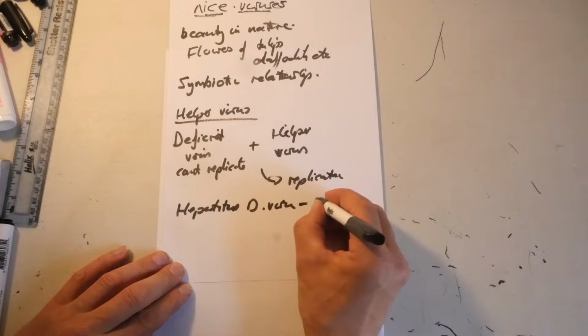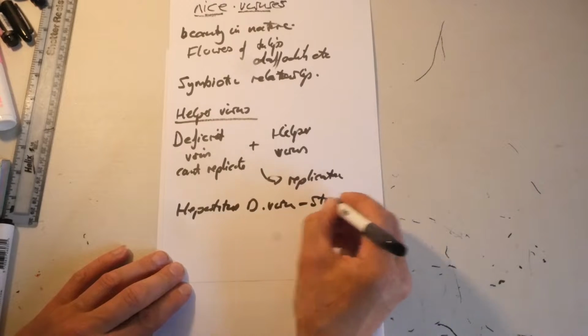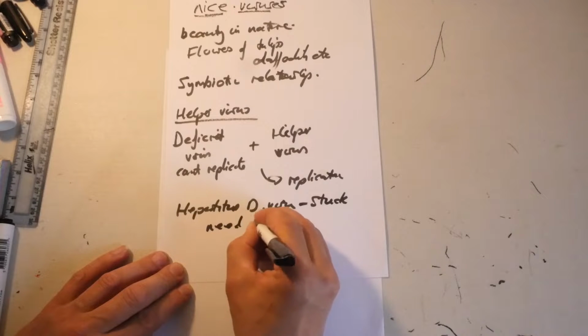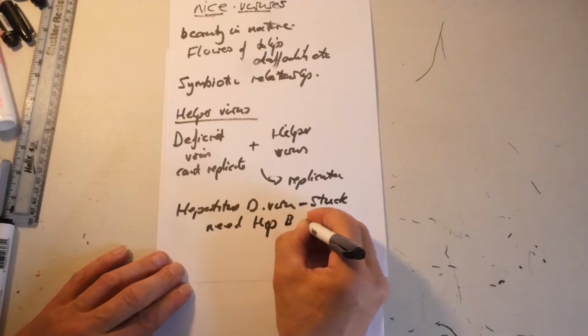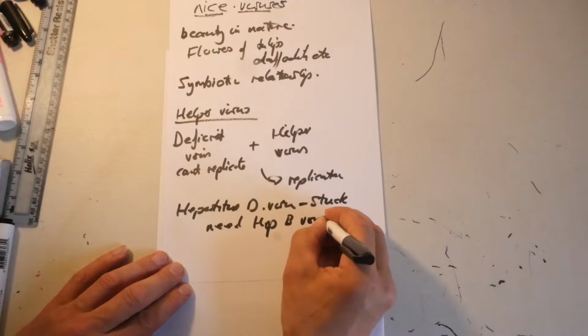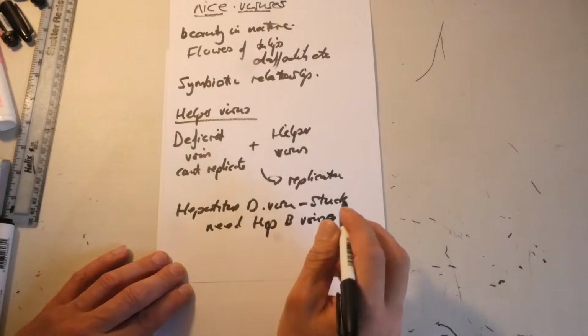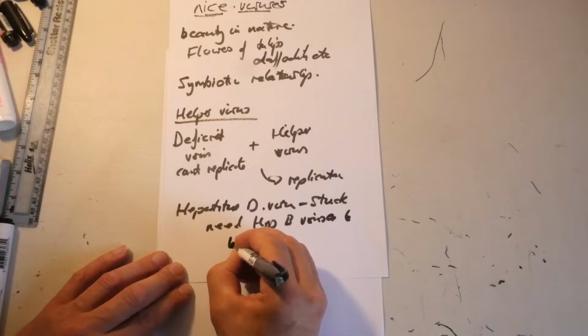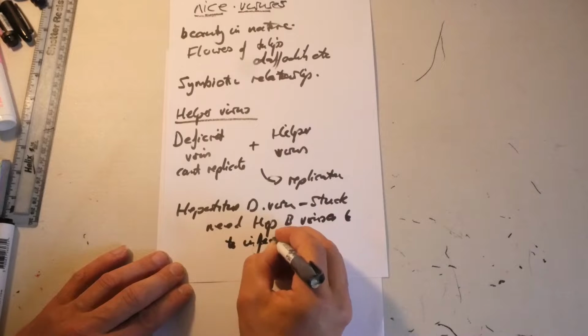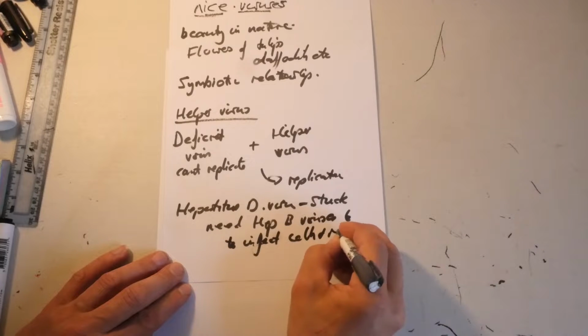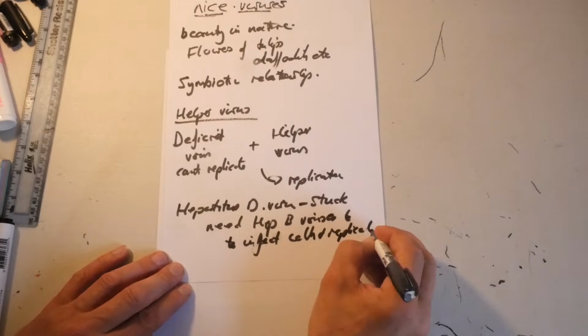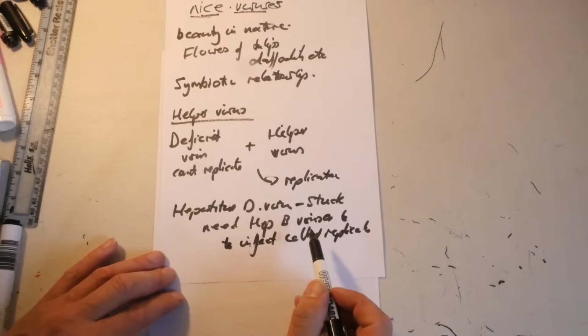Okay, it needs hepatitis B virus to replicate and infect cells. Okay, so D actually needs B to help it.